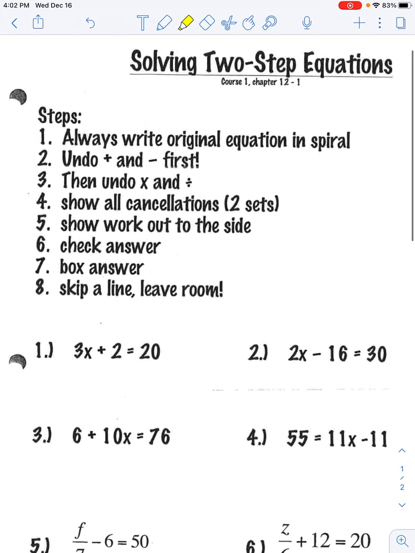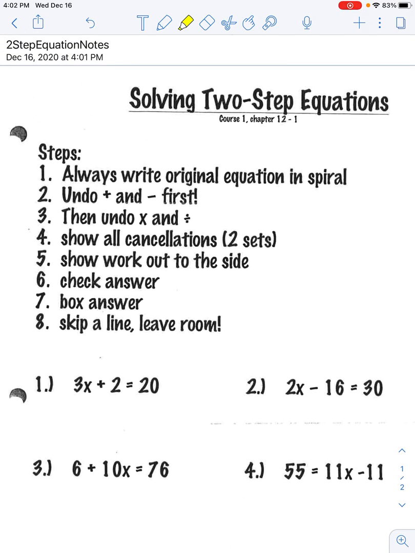When we solve two-step equations, we're going to undo addition and subtraction first, which is a different mindset, because normally when we're thinking of order of operations, we try to do multiplication before addition and subtraction, okay? So we're gonna undo addition and subtraction first. We're gonna undo multiplication and division last, okay?